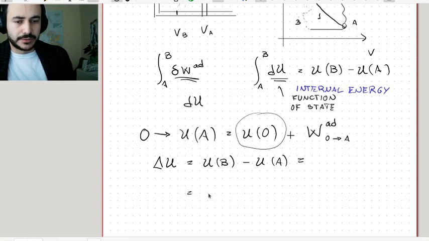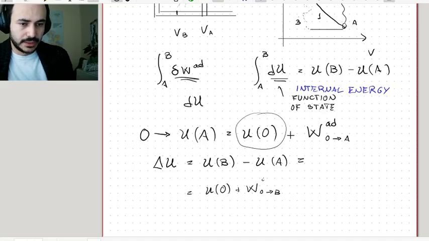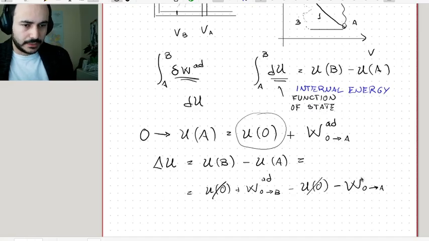by the definition I just wrote, U of 0 plus the adiabatic work of going from 0 to B, and minus U of 0, so U of 0 goes with U of 0, minus the adiabatic work it takes to go from O to A, in this case, adiabatically.